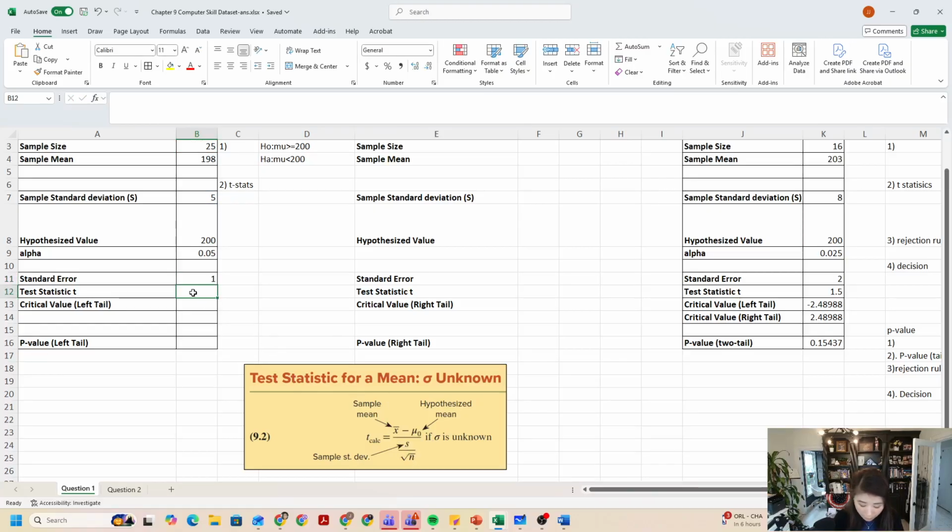Now I can start to calculate the t-stats. That will equal parentheses, we select the sample mean minus the hypothetical mean, close the parentheses, and then divided by the standard error we just calculated. So that gives me the value -2.